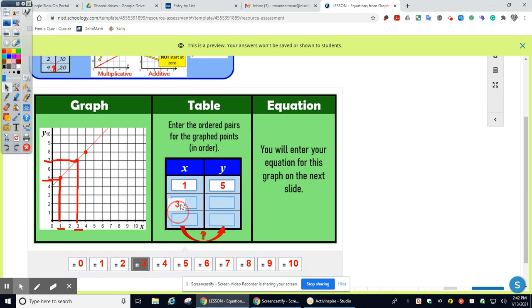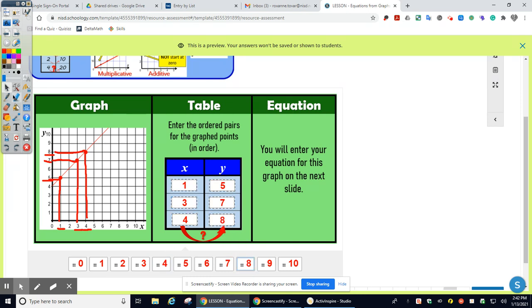So we have 3 and 7. And then our last dot here, when x is 4, y is 8. So we have 4 and 8.